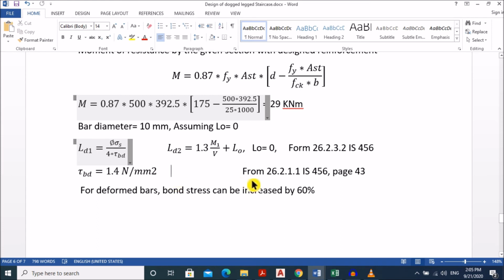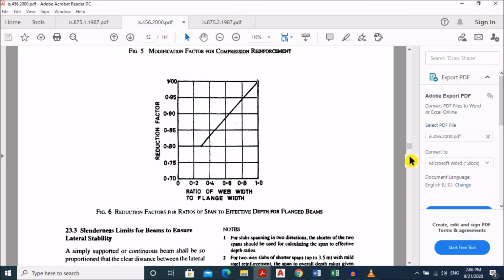But from the IS 456 code, for deformed bars, bond stress can be increased, as per clause 26.2.1.1 of IS 456, page number 43.